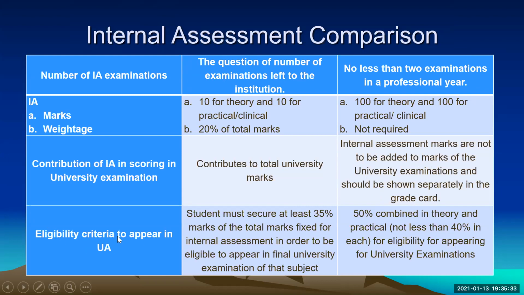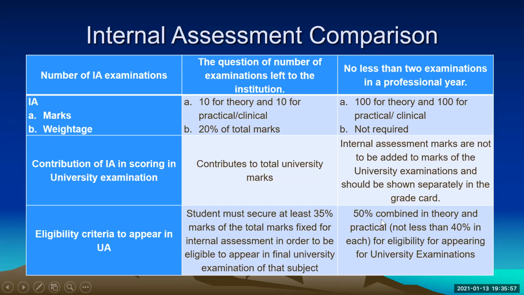Then eligibility criteria to appear in the university examination. Up till now, the student must have secured 35% of the total marks fixed for internal assessment. The total marks were 20, so if a student got 7 combined in both theory and practical, we used to make him eligible to appear in the final examination.